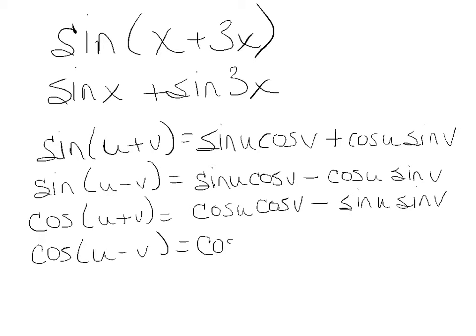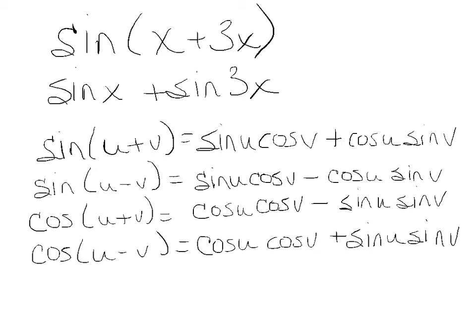It's cosine u cosine v plus sine u sine v. You're just going to have to spend a little bit of time learning these formulas, memorizing these formulas. And then if you know these, when we get to the double angle, that'll make it easier.